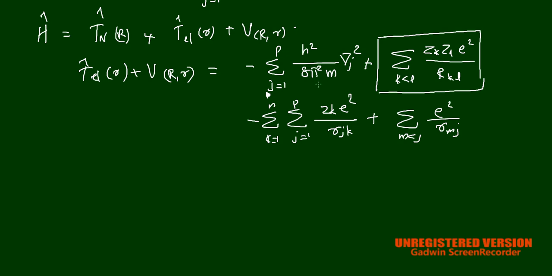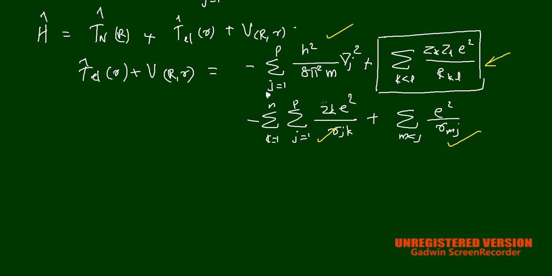The first part is the kinetic energy of the electron. This deals with the attractive potential energy between electron and nucleus, and this one deals with the repulsive potential energy between electron and electron. So this is all about electron, but this is about the nucleus, dealing with the potential energy due to nucleus repulsion.